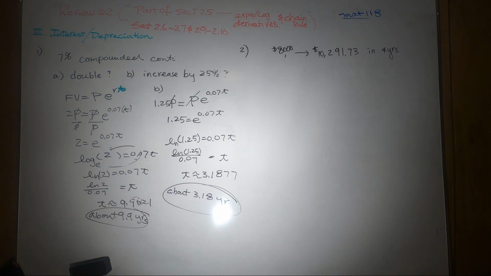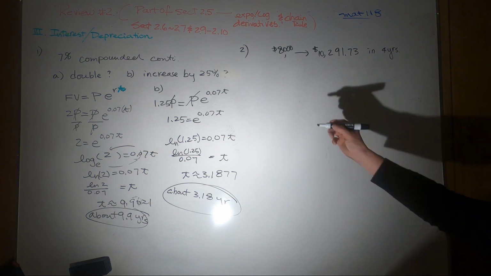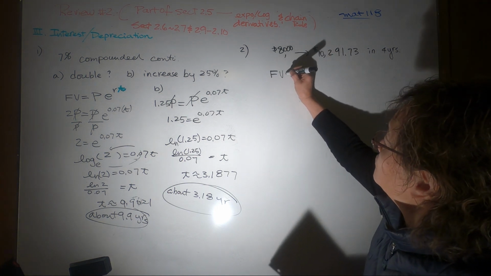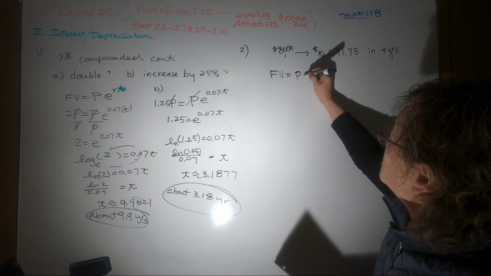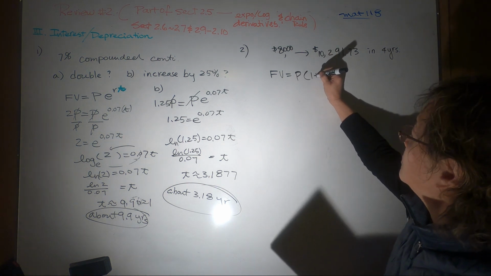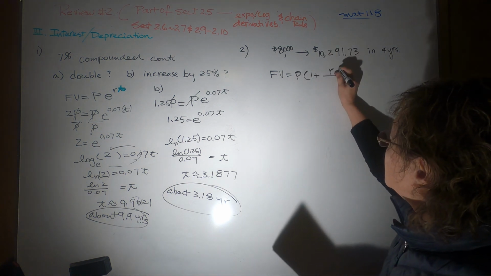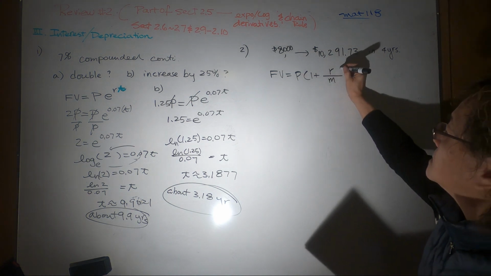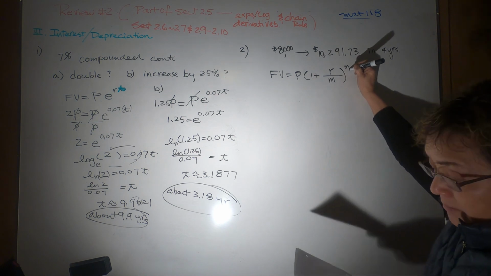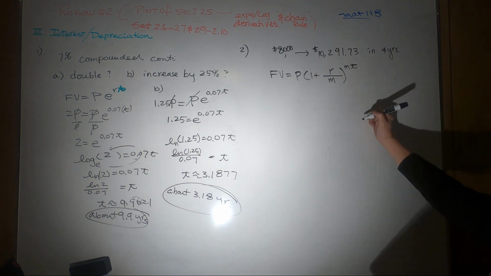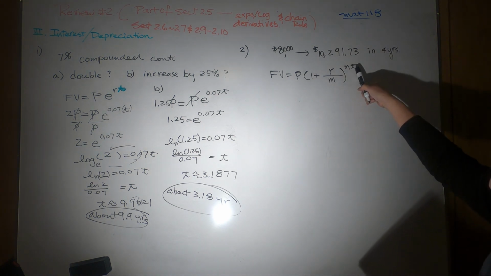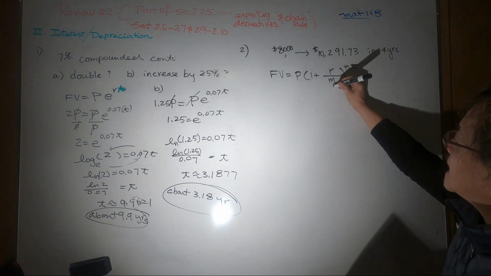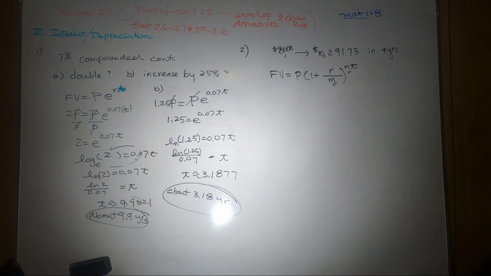Okay, remember your compound formula. It is what? Your future value is your principal times 1 plus the annual rate R over M, to the how many times per year to the what? Total compounding time, right? That's the year is T. This one M is how many times per year.